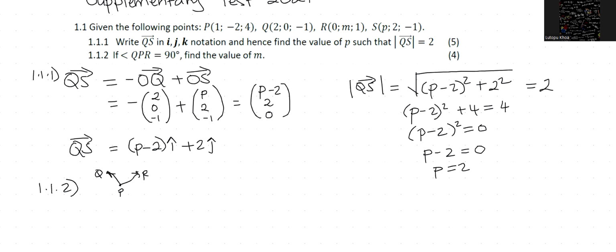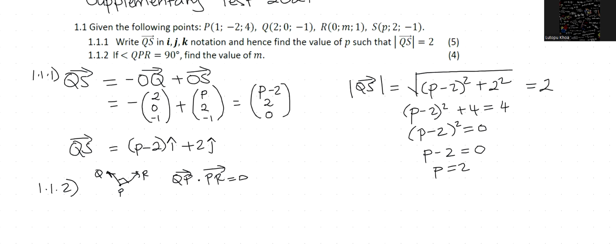Okay, so something like that. Because this angle here is 90 degrees, we use the fact that QP dot with PR is equal to 0. And then we can use that to solve for M. Okay, so we need to work out the vectors QP and PR, or PQ and RP.